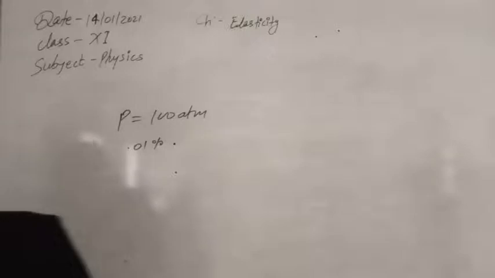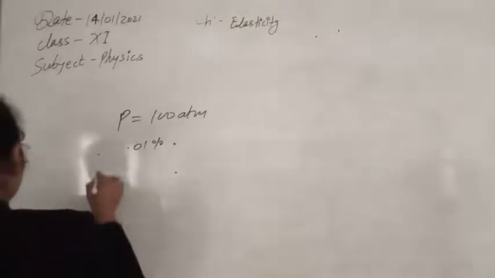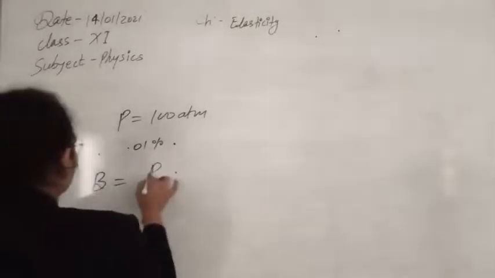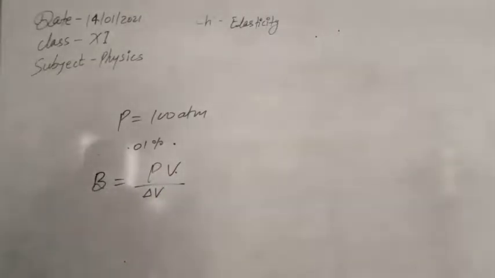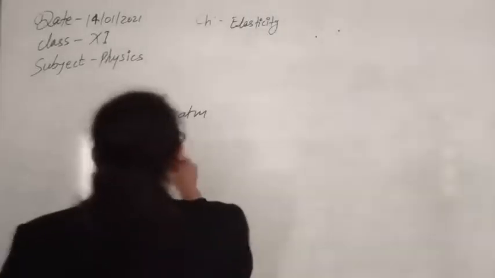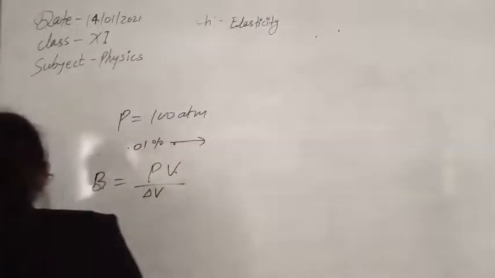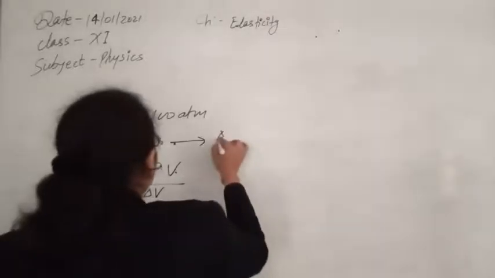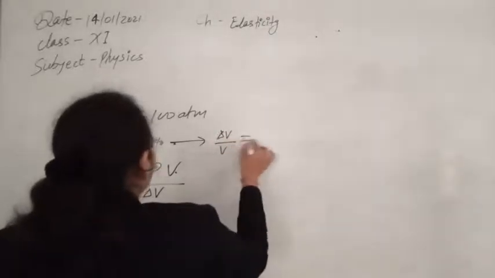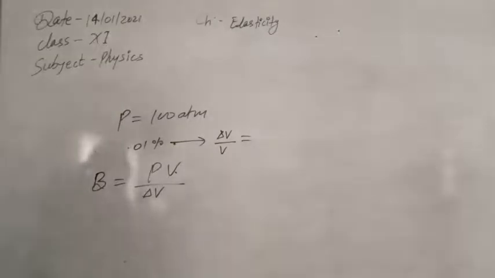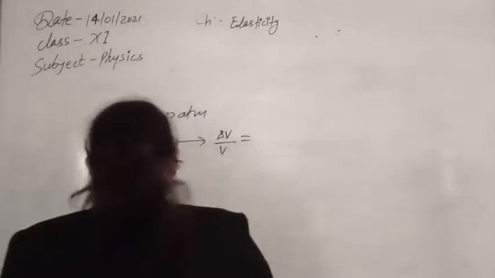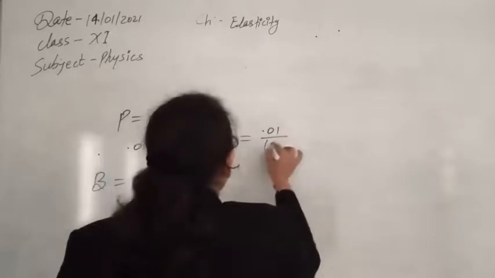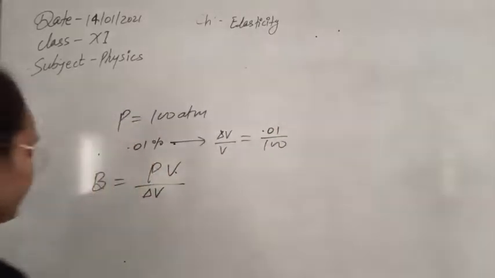As you know, the bulk modulus is calculated by B = pressure upon change in volume to the original volume, so B = P/(ΔV/V). Now one more piece of information is given to us, that is how the volume is contracted. So the change in volume to the original volume is 0.01%, so its value is 0.01 upon 100.